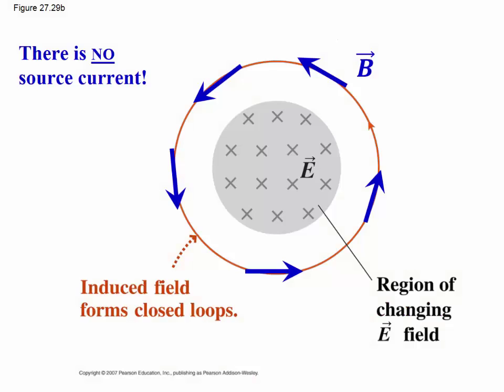The situation is that even when there is no electrical current flowing, no current at all, no charges at all, if there's an electric field in a region and that electric field is changing with time, it'll produce a magnetic field that will circulate around that electric field region in closed loops.